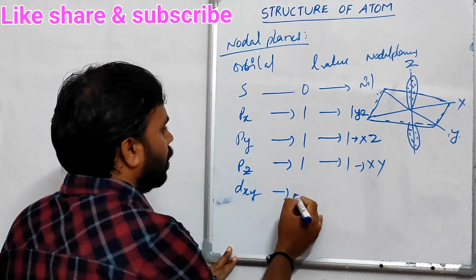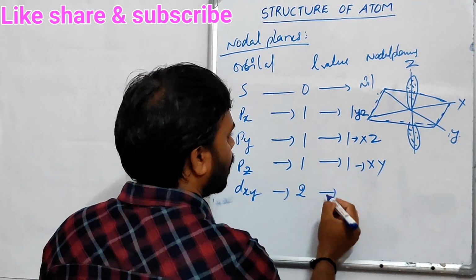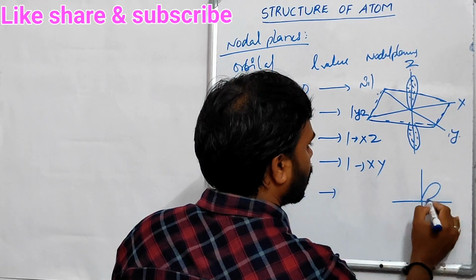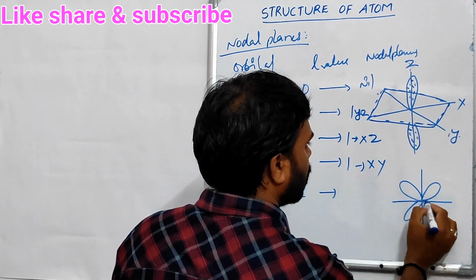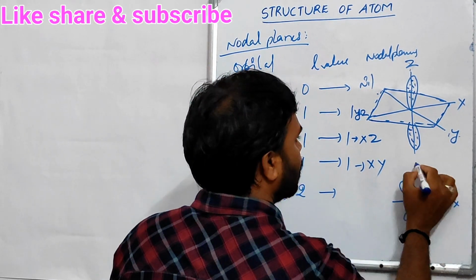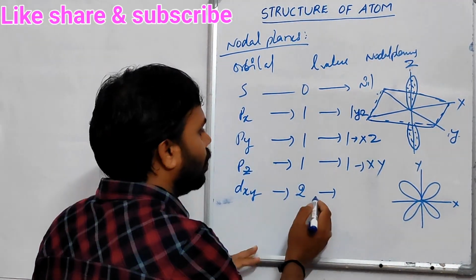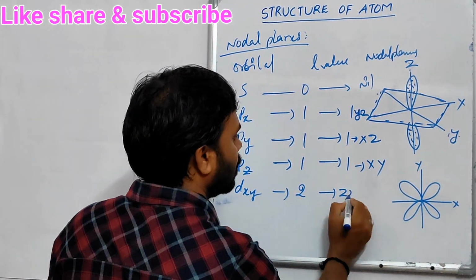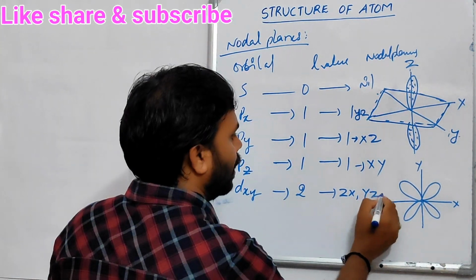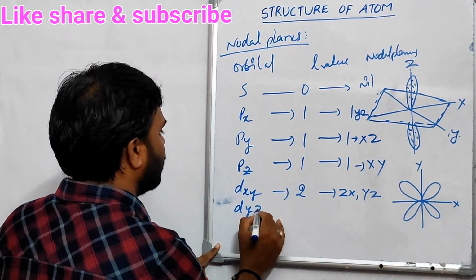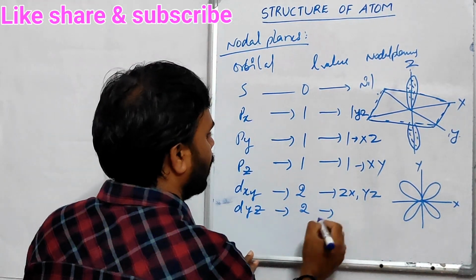For dxy, it has two nodal planes like this. This is x, this is y. In this, the z-axis is also there. These two nodal planes are along zx and yz. For dyz, two nodal planes are there.